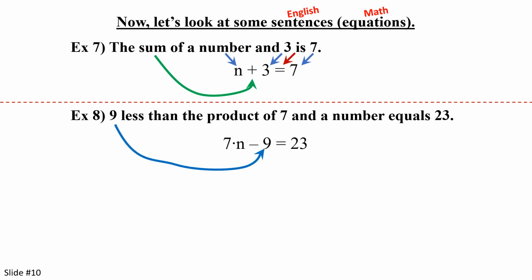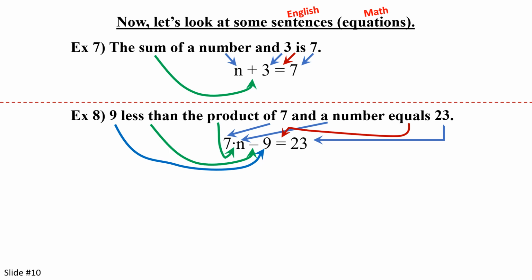So here's how we write it. 9 less than the product of 7 and a number equals 23. So this is one of the less thans that I'm going to write backwards. So 9 less than the product of 7 and a number is 7n minus 9, and then equals 23 is the equal sign and the 23.